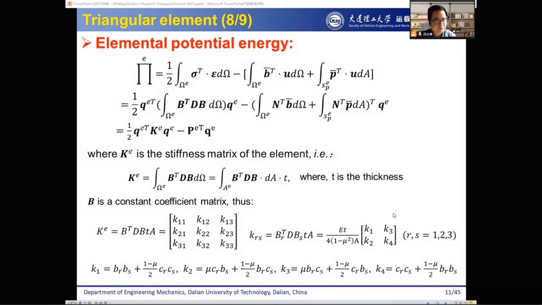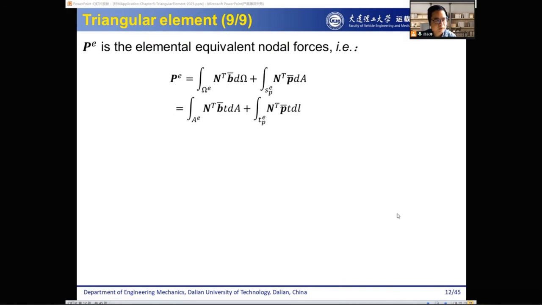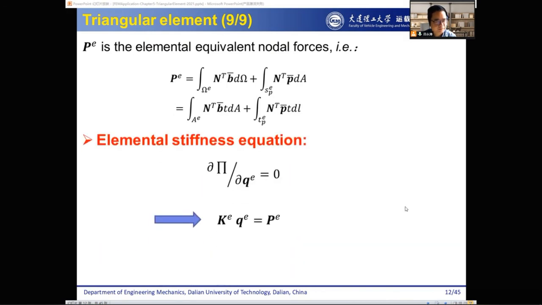And in the formula, P is the element equivalent node forces. We said all the forces need to be translated to node forces, otherwise you cannot introduce them into the stiffness equation.